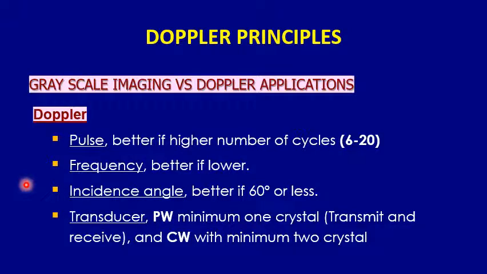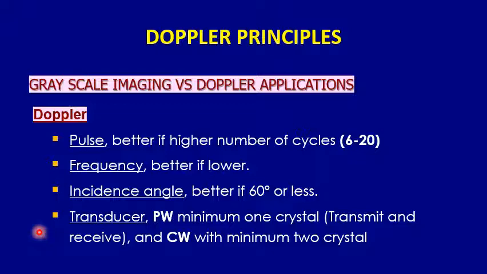Also, which frequency is better for the Doppler? Usually a lower frequency is better. Why? It avoids aliasing. The third point is the incident angle, which is better at 60 degrees or less, compared to the B mode. B mode usually is 90 degrees. The last point to differentiate is the transducer that is possible to use for the Doppler.